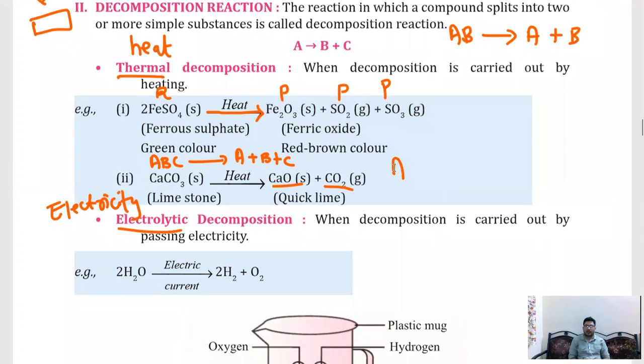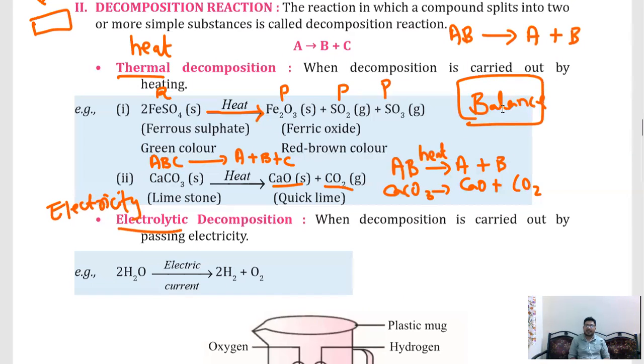So this you can compare with AB splitting into A plus B. This AB is calcium carbonate. If you heat, you have to write on this arrow mark, guys. If you heat this calcium carbonate, you are getting calcium oxide plus carbon dioxide. You have to balance whatever equations you are writing. You have to balance all these equations.